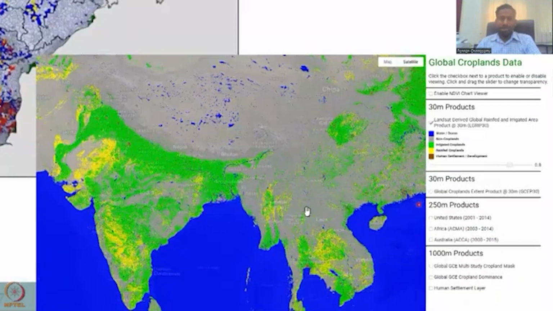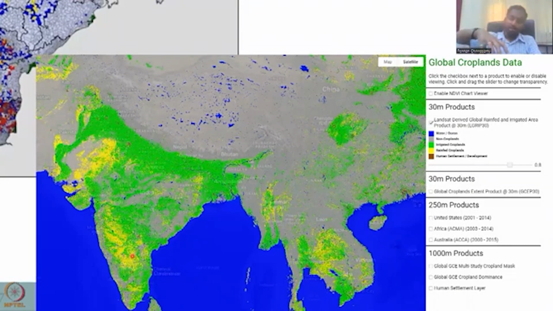You could see that the irrigated croplands are green in color, whereas the rain-fed are yellow. And as I said, when there is rain-fed, there can also be irrigation, because when the rainwater is not enough, then farmers put more effort into pumping out the water. Right.